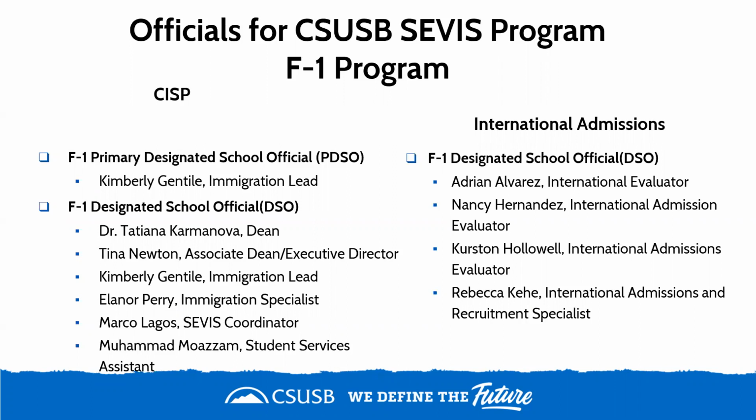The following are the names of your primary designated school official, that's PDSO, and your designated school officials, who are called DSOs. They are the only ones authorized to sign or issue an I-20 for an F1 student.